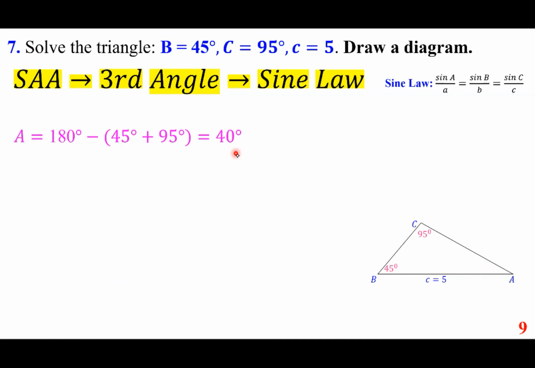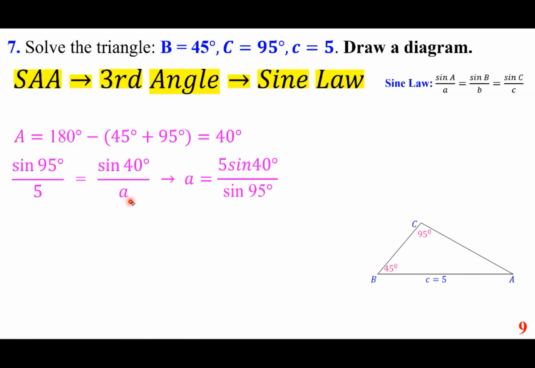Now we can use the sine law, for example. Sine of 95 over 5, because we have this, we must go with that, is sine of 40 over A, sine of 45 over B. That's what we are going to use. So sine 40 over A, the cross product, 5 times sine 40 divided by sine 95 gives you A. 5 times sine 40 over sine 95, and you plug it into a calculator.